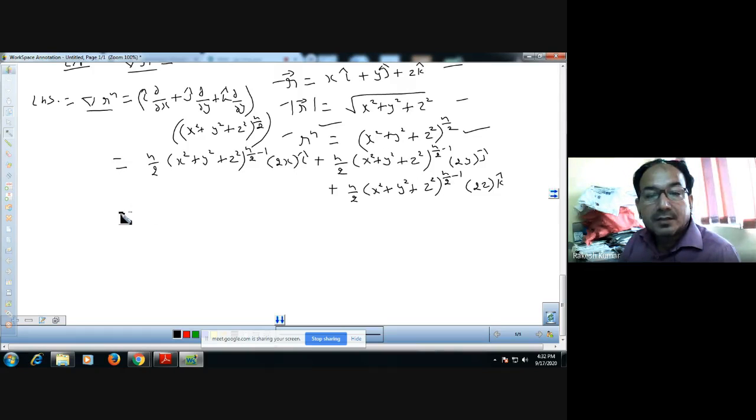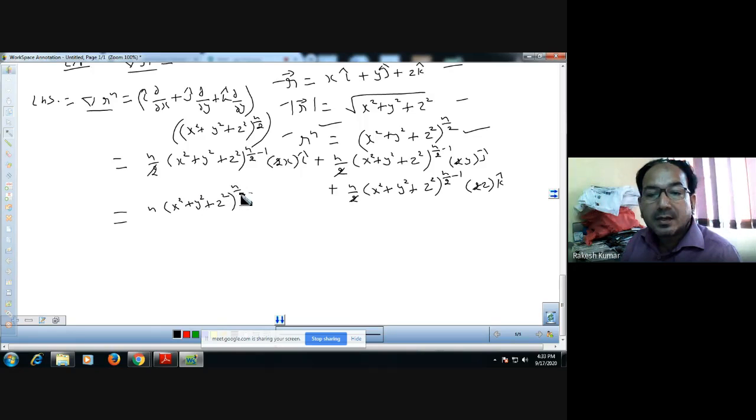So if you observe the terms, you will see that 2 is cancelled in each of the terms. We can cancel the constant 2 in all the terms here, and you see that n into x square plus y square plus z square raised to power n by 2 is there, and the denominator term is x square plus y square plus z square, because this negative one will come in the denominator.